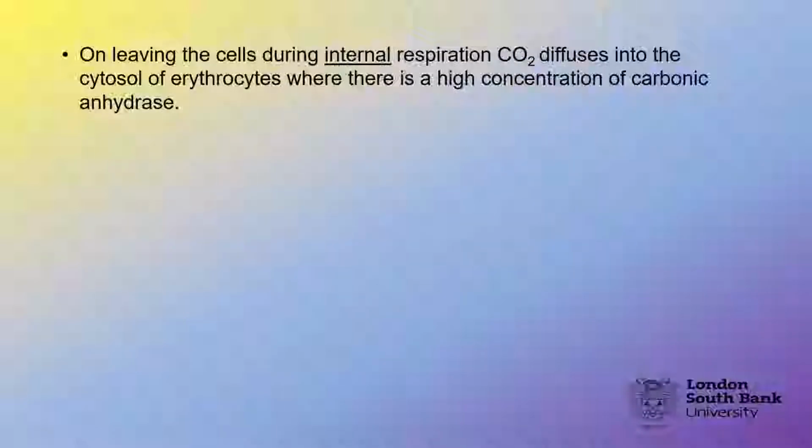So let's look at that conversion. So during internal respiration, the cells, after cellular respiration, release CO2 that diffuses out following its pressure gradient into the blood. When it leaves the cells, first of all, it diffuses into the cytosol of the erythrocytes. So it enters the erythrocytes. Inside the erythrocytes, there's a high concentration of an enzyme called carbonic anhydrase, or CA.